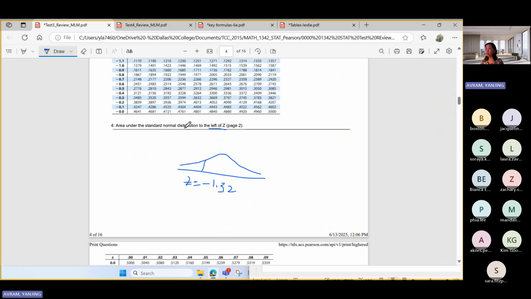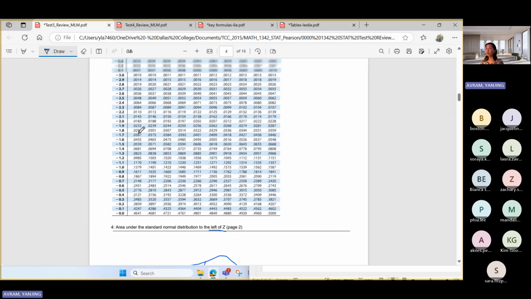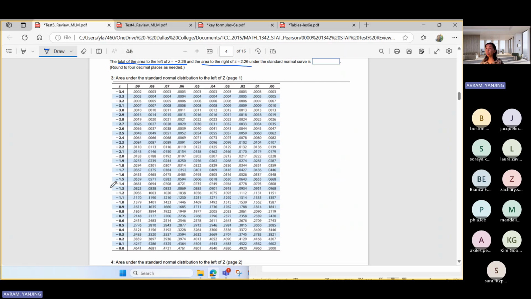So how do you find the area? It's a distribution area to the left, so the area to the left is very easy to find. You just read the table. The table is area to the left. So using the z-score negative 1.32 as an example, you look at negative 1.3 right here, and then 1.32 will be right here.